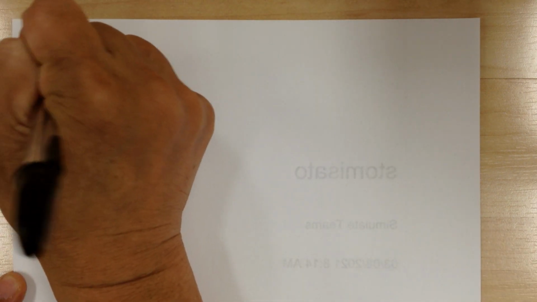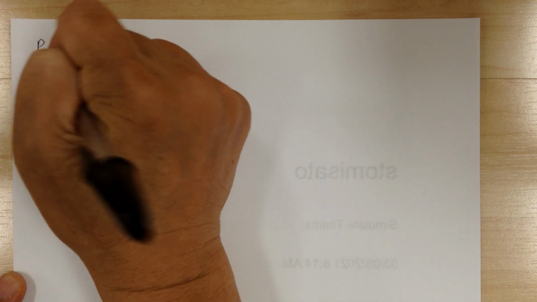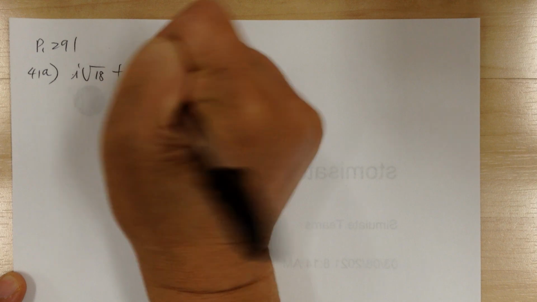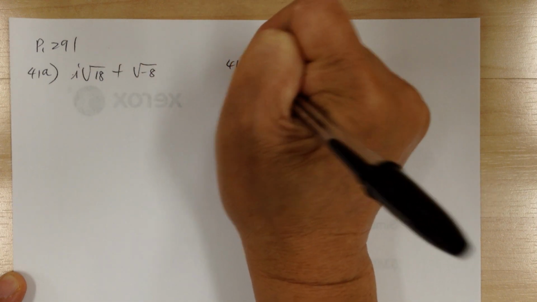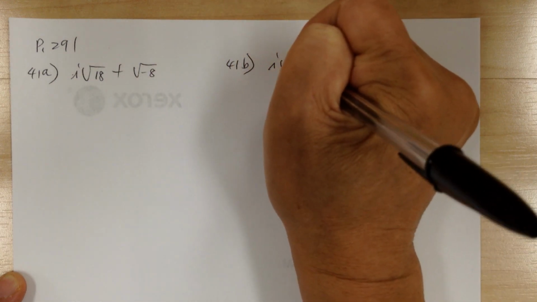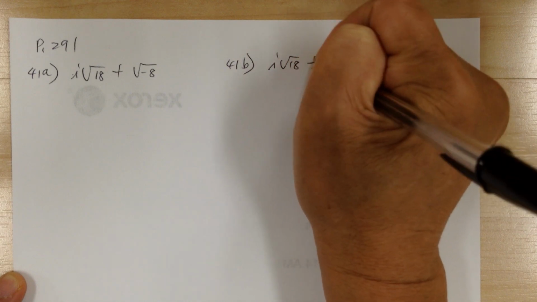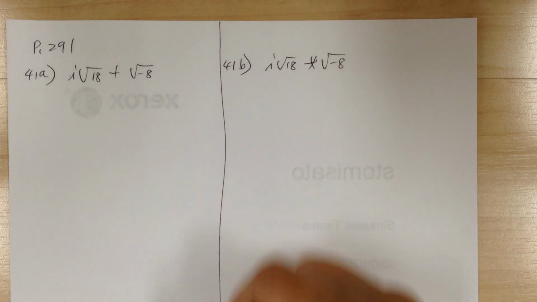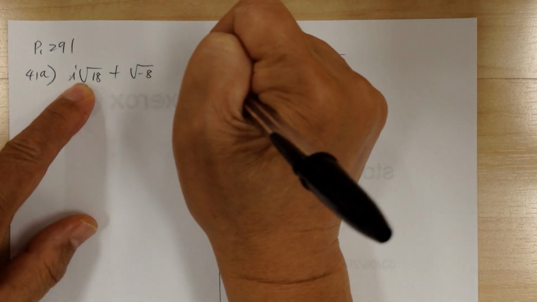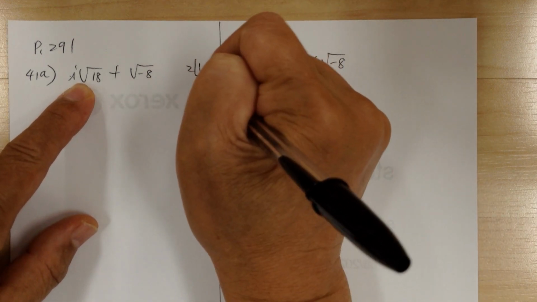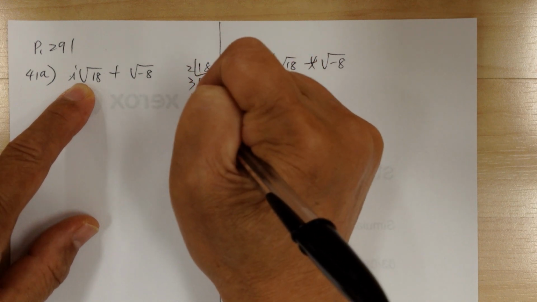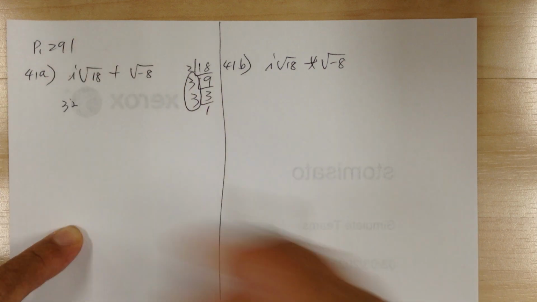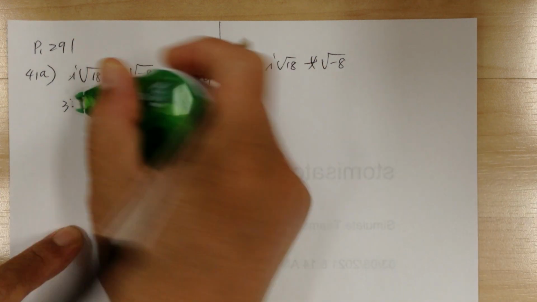Okay, number 41a, you have i square root of 18 plus square root of negative 8, and 41b, you got i square root of 18 times square root of negative 8. Okay, so let's simplify the 18. So it'd be 2 divided by 2, you get 9, divided by 3, you get 3, divided by 3, you get 1. Okay, so this will give you 3 square root of 2i.